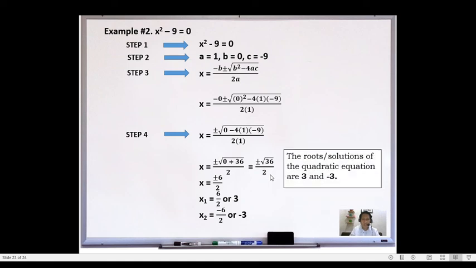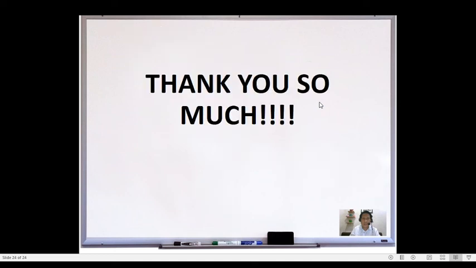So the roots or solutions of the quadratic equation are 3 and negative 3. So those are the methods in solving quadratic equations.